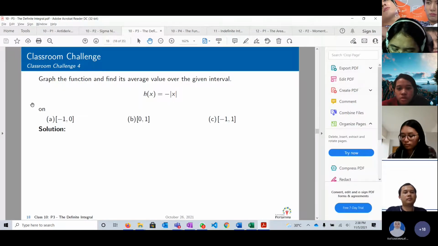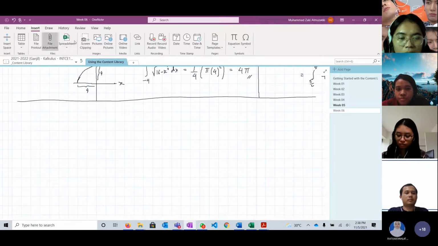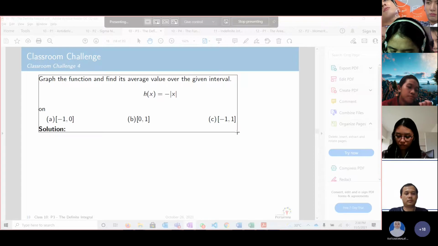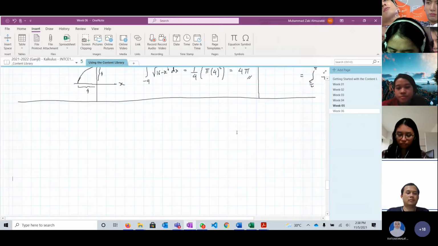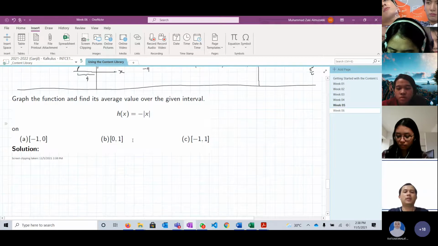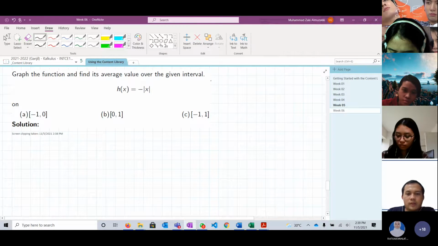Now, graph the function and find its average value over the given interval. So if we graph it, we will get a picture like this.